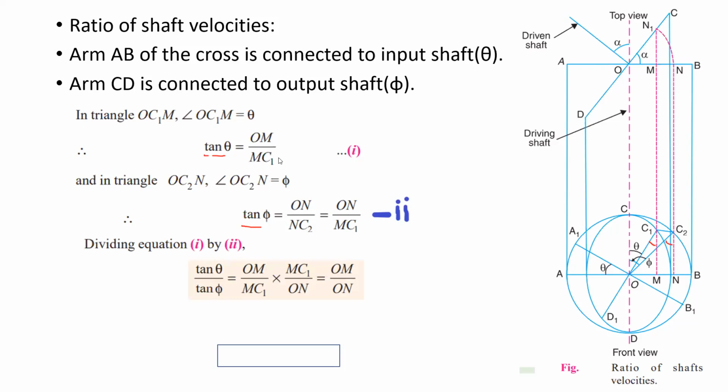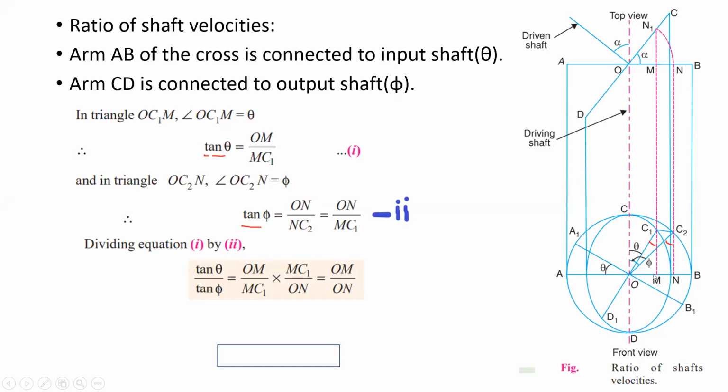You write this ratio: OM upon MC1, into tan phi, which is ON upon MC1. As it is division, it gets inverted: MC1 upon ON. MC1 will get cancelled and you will get OM upon ON. See carefully what OM and ON are. OM is this distance here and ON is this distance.